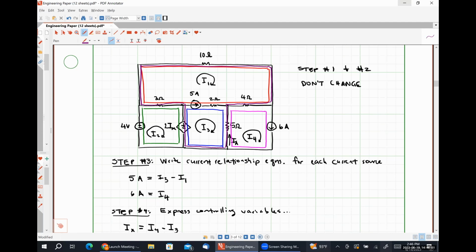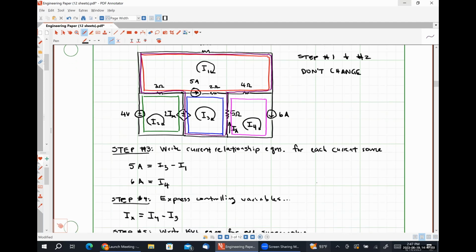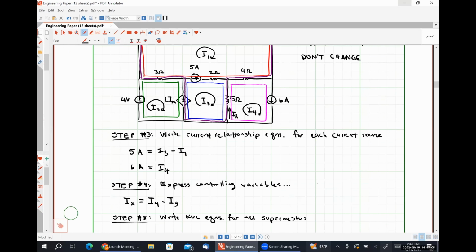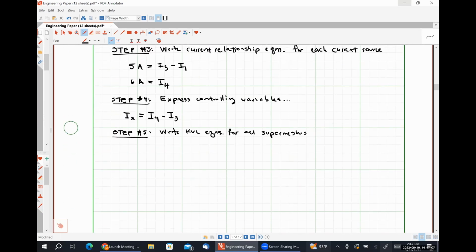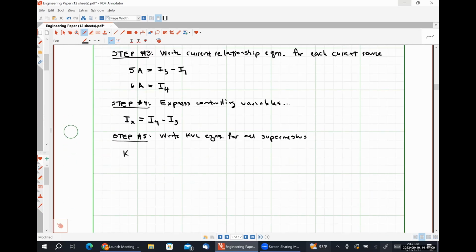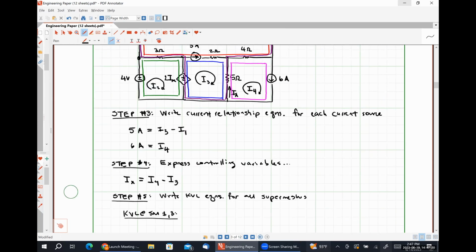Okay, so I am going to write this equation out for you guys to give you some context of how these things are written here. So this is going to be KVL at super mesh 1, 3. And I'm going to start here.